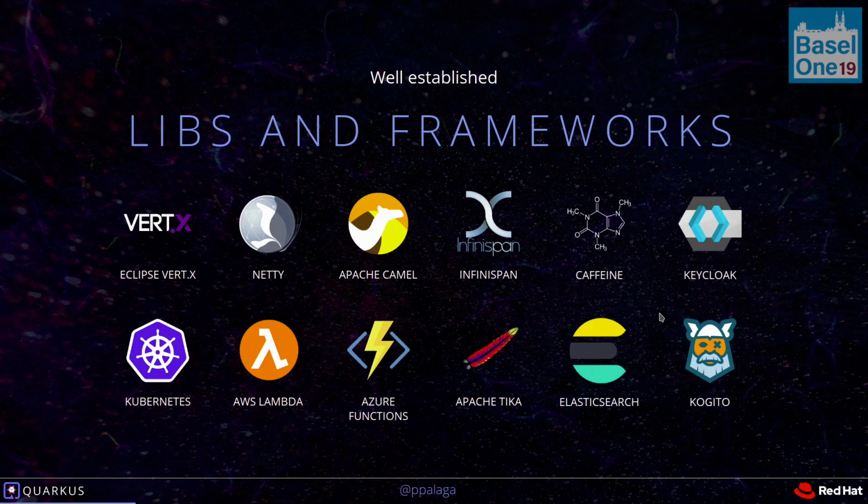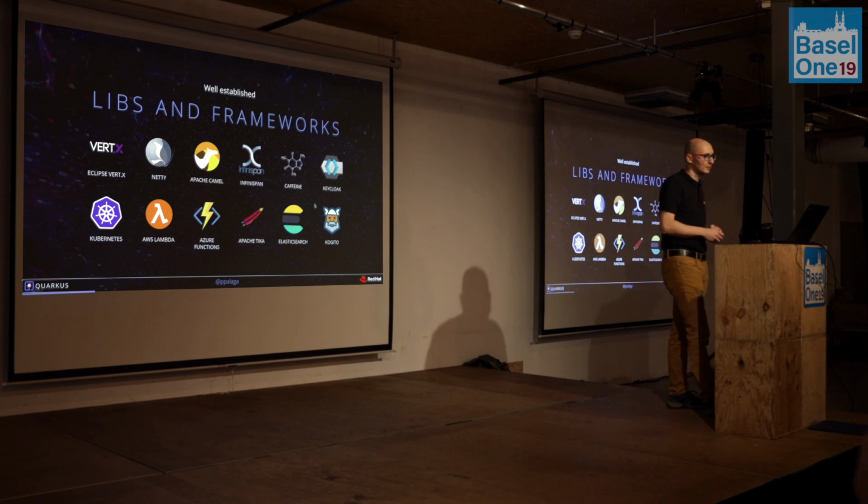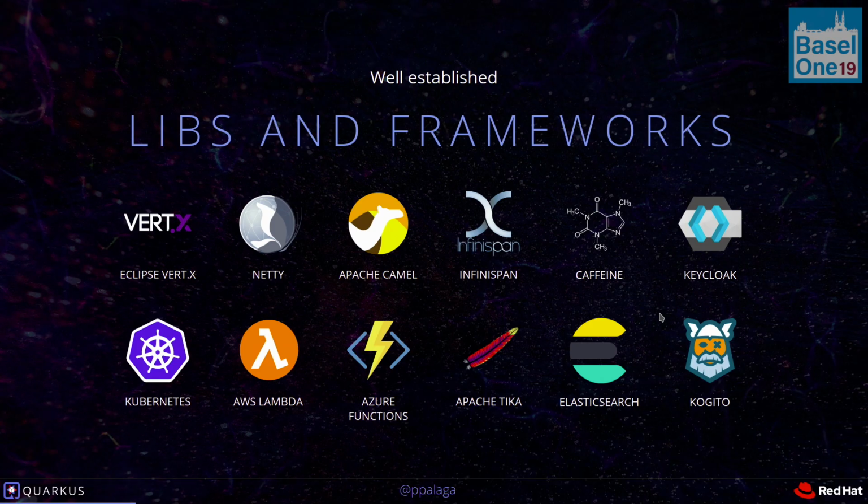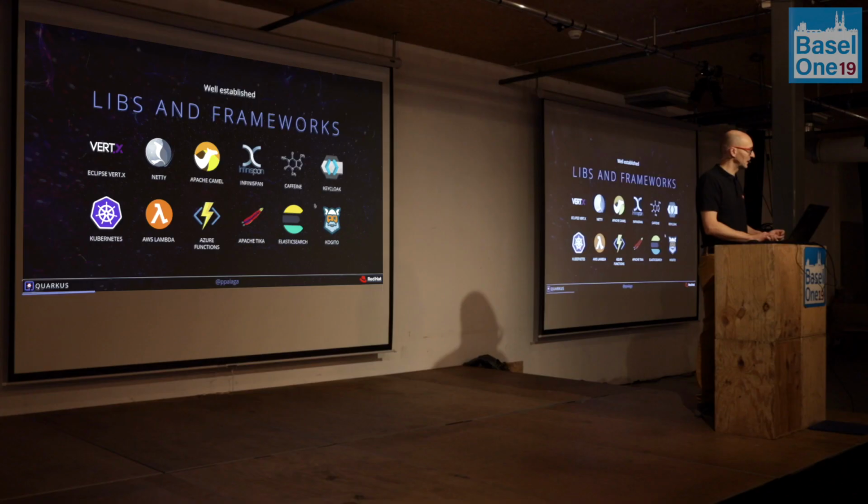such as Apache Camel, which I work on, or Vert.x for reactive, native or low-level networking, Infinispan client for cache, or Caffeine for local cache, Keycloak for role-based authorization, Kubernetes, Lambda, Azure Functions, and so on.